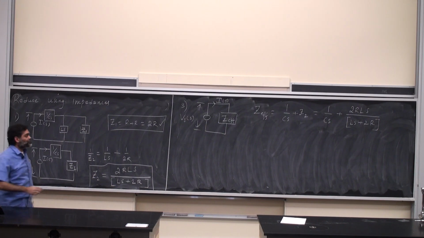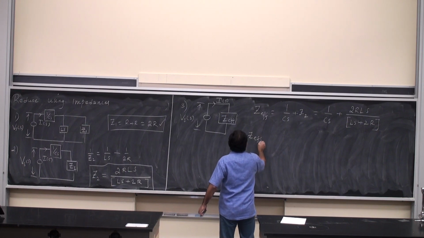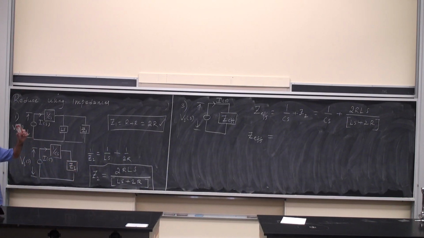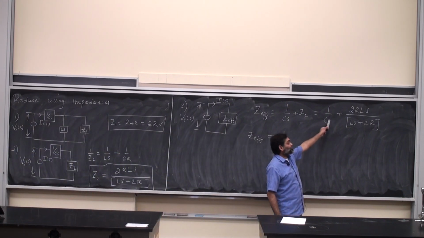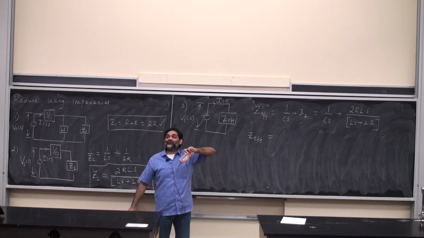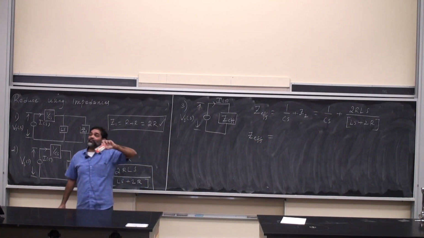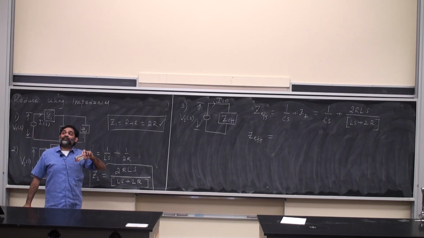Take common denominators. Z effective. After we take the common denominators, it becomes the following. So this is going to be 2 RLS multiplied by CS, so I'm going to get a second order system. I don't need to get a third order system. If you're getting a third order system in our particular course, alarm bells should start ringing.